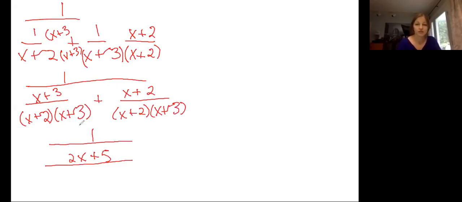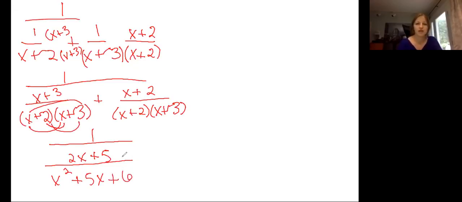And I'm going to go ahead and FOIL that. So first term is x squared. The middle term is outside. X times 3 is 3x. Inside, 2 times x is 2x. So that's plus 5x. And then the last term, plus 6.